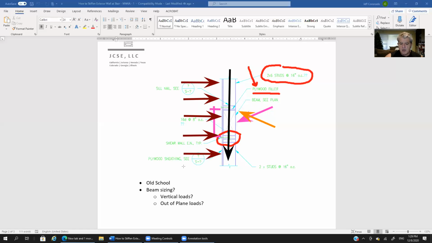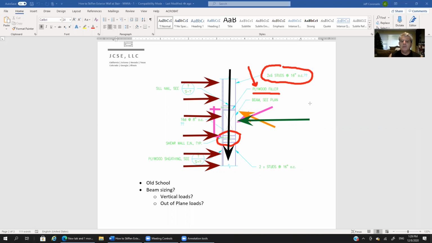It's pushing on those studs. And then that force has to be resisted by this beam. Because this is the reaction.